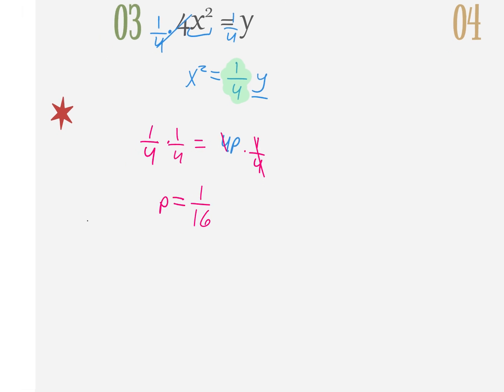So let's sketch the graph. I know that my vertex is at 0, 0. And because it's an x squared parabola, I know it's going to go either up or down. And since p is positive, I know it's going to go up. So it's going to look something like that.